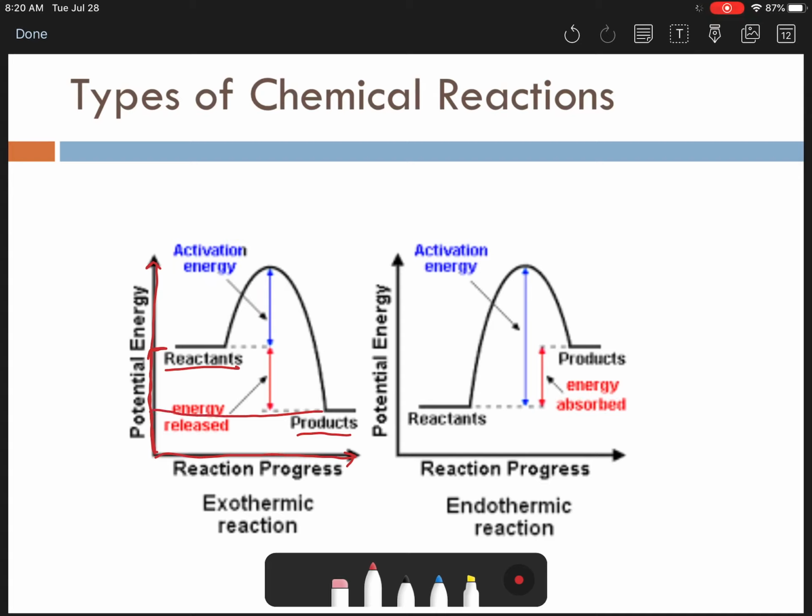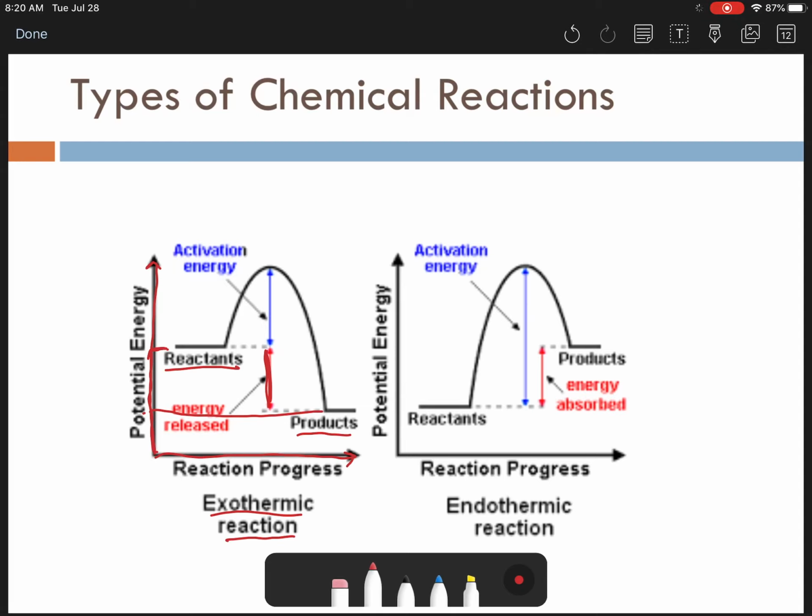When you look at the products, look at how low they are now in terms of energy. That means if a product has less energy than the reactants have, that means somewhere along the line they lost energy, correct? And so when we look at this, here's where we started. We lost all of this energy right here, okay? That makes this an exothermic reaction because we're releasing that energy.